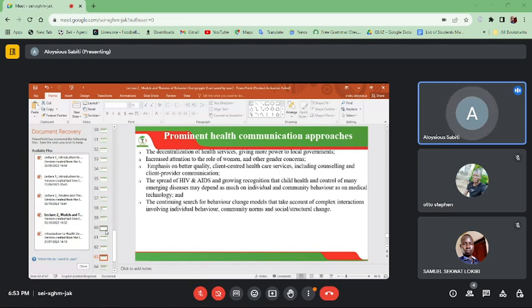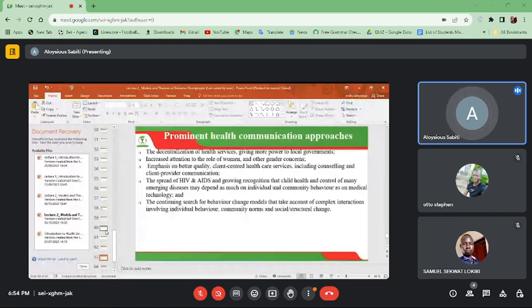Also, the decentralization of health services, giving more power to the local governments, increased the need for communication for health to the lowest clients, who can then utilize some of these health services.